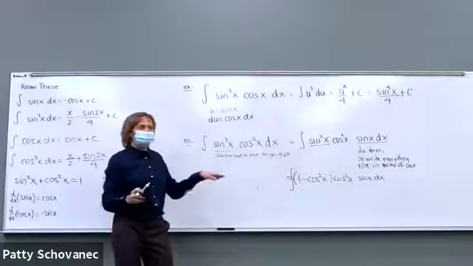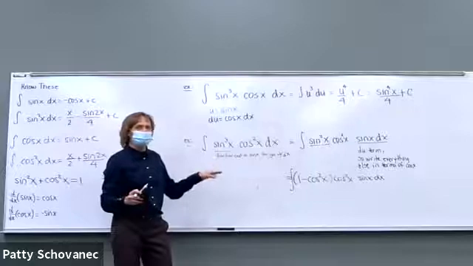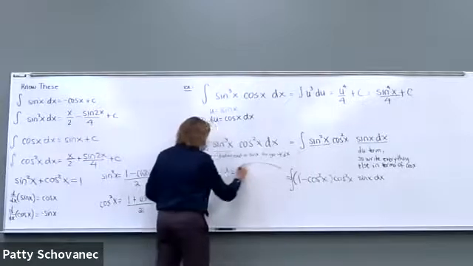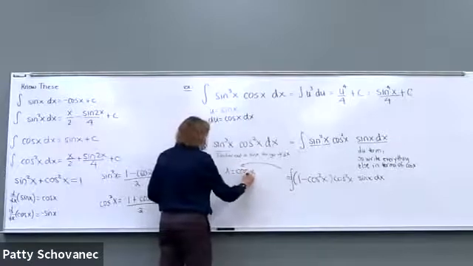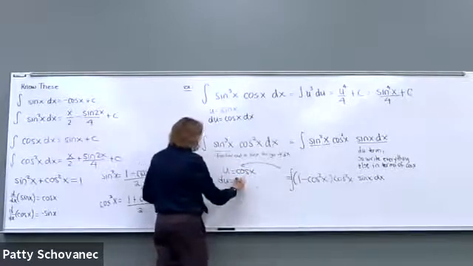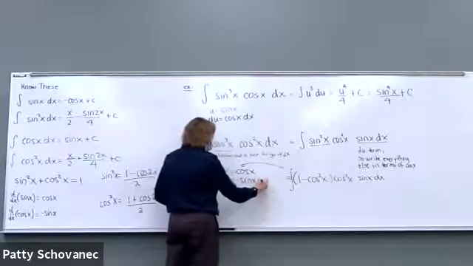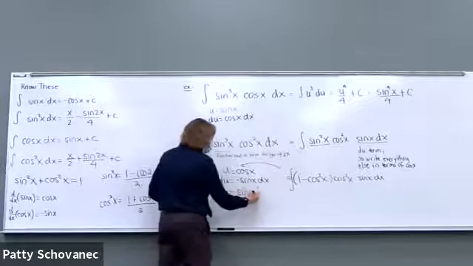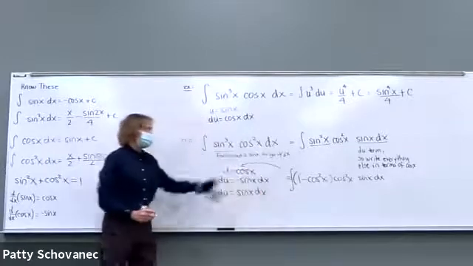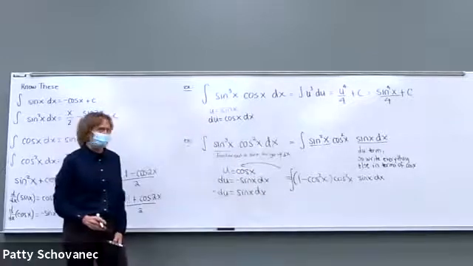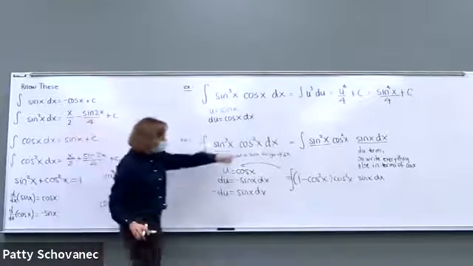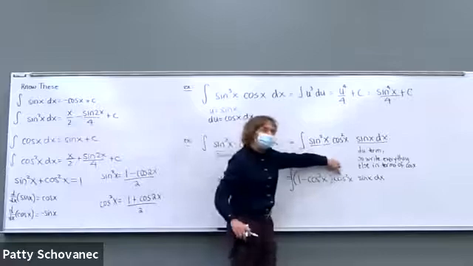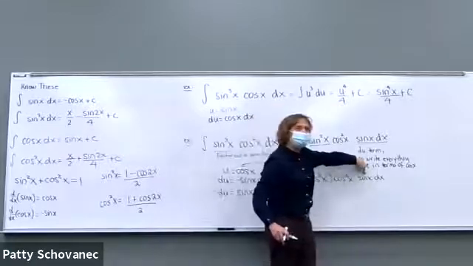So now if I take u to be the cosine, I've got a polynomial integral. Take u right here to be the cosine of x, du is minus the sine of x dx. So minus du is the sine of x dx. And I can take that trig integral and write a polynomial integral. I'm going to have a 1 minus u squared times u squared times the minus du.